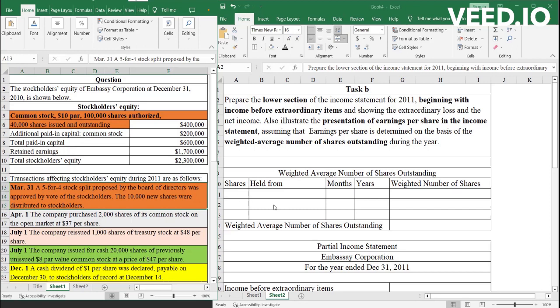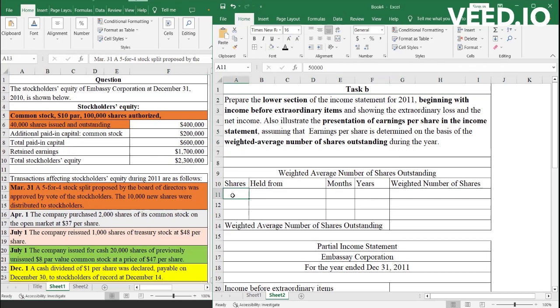However, for all practical purposes, those 40,000 shares at the start of the year and the 50,000 shares on March 31st were the same. They had the same amount of capital. You're just printing a different number of stocks at a different par value, but the equity behind them is the same.